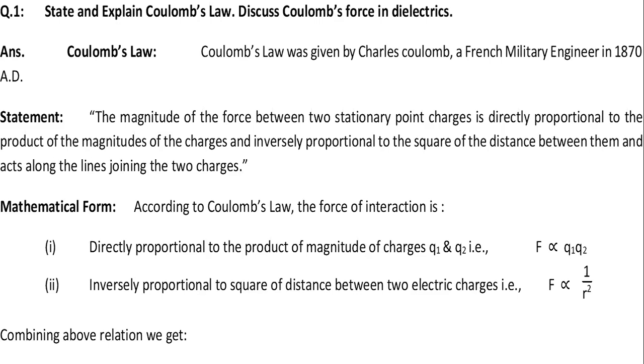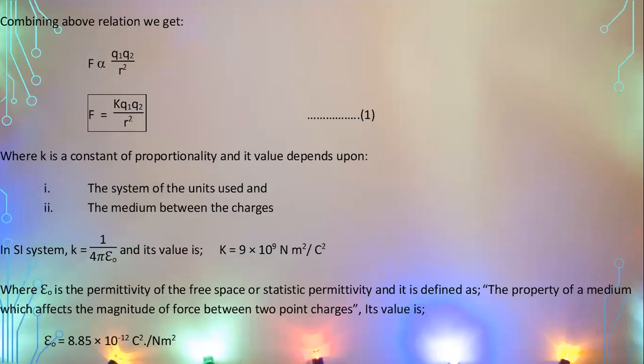When we combine these two equations, that is, F directly proportional to Q1 and Q2, and F inversely proportional to 1 over R square, we get F directly proportional to Q1 Q2 divided by R square.